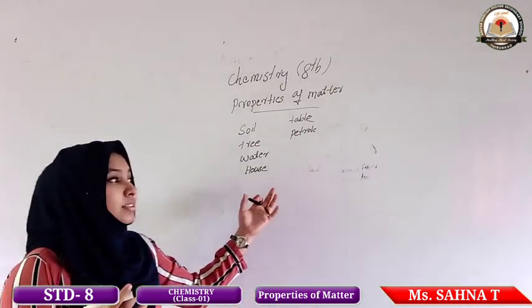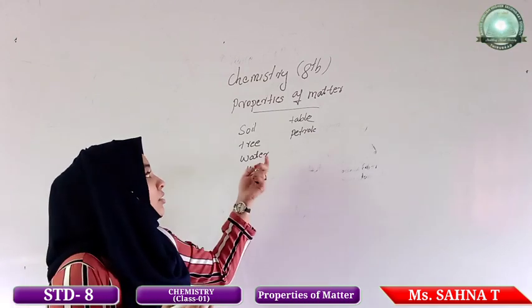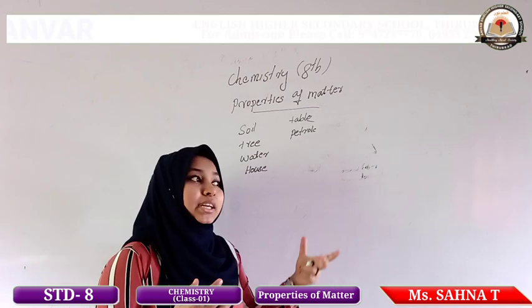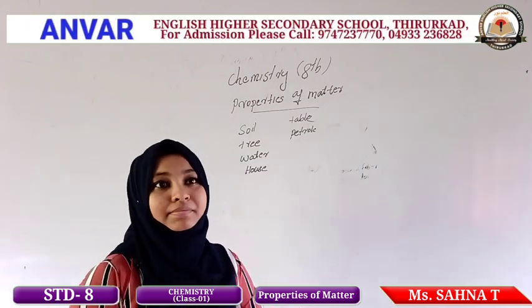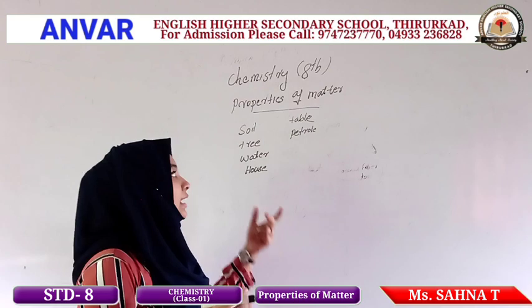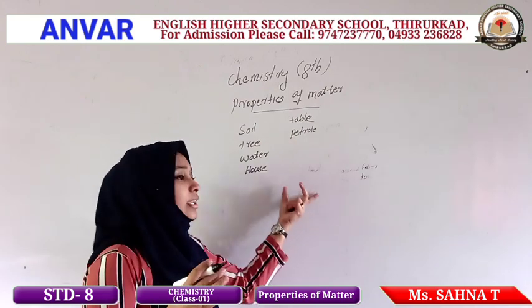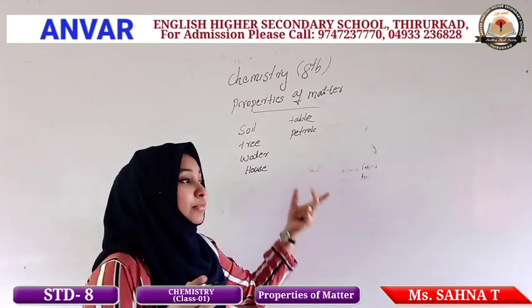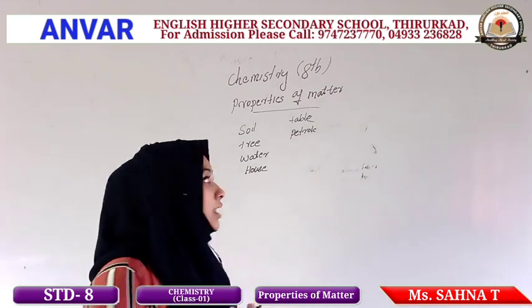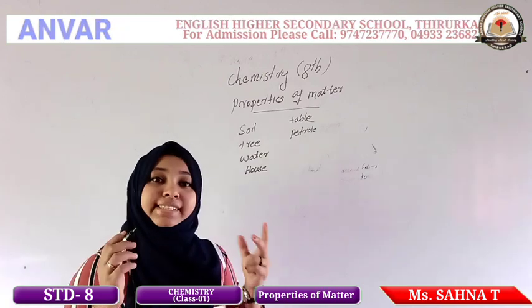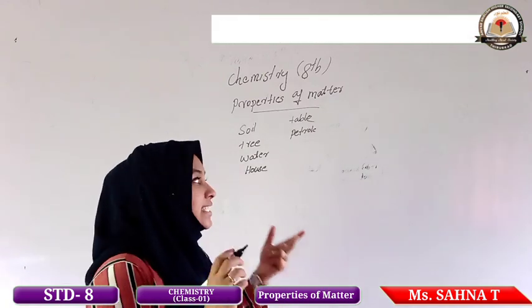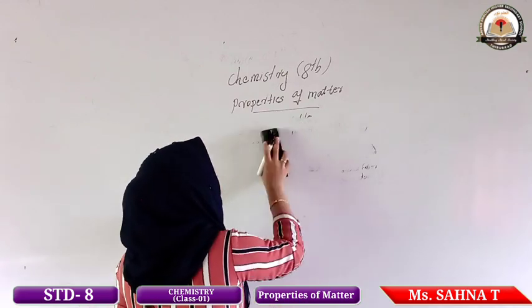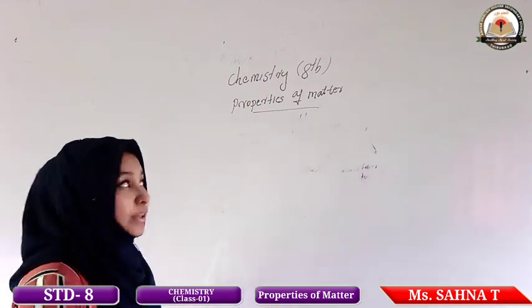Okay, we know that. Do you think all these objects are made up of the same material? No. We already learned that these objects are made using different materials. We also learned in 7th standard about the physical states of matter. What are the different physical states?